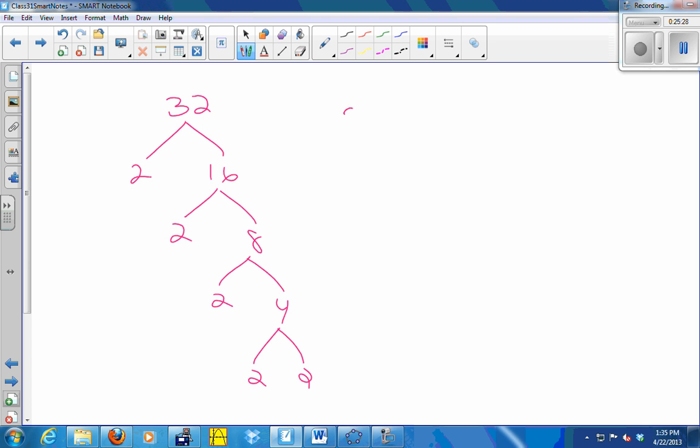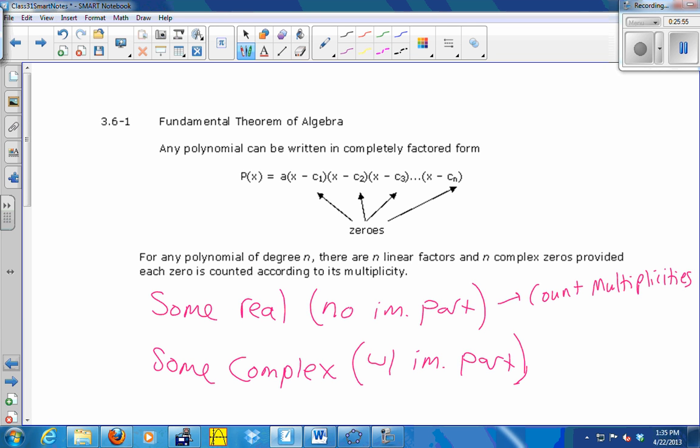And then you can write the prime factorization of any number. So in this case, it would come out as 2, 1, 2, 3, 2 to the 5th. So the fundamental theorem of arithmetic says that every real number has a unique prime factorization. So the fundamental theorem of algebra is analogous, except now instead of factoring numbers, we're factoring polynomials.